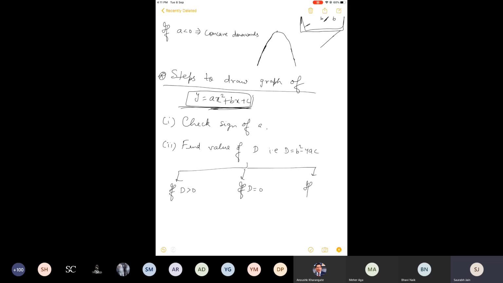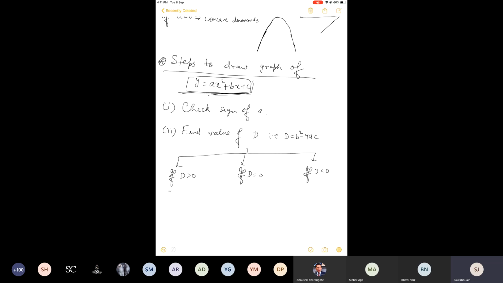If D is positive, two real and distinct roots. If D is 0, two real and equal roots. If D is negative, non-real roots.